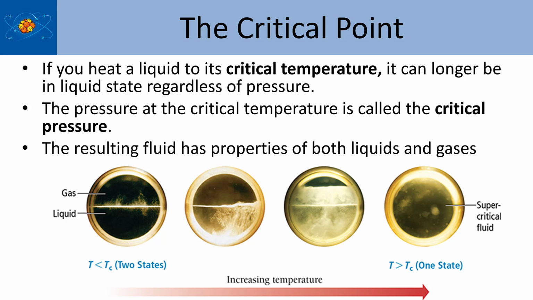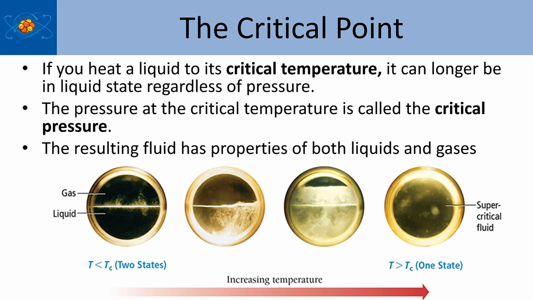And what we're doing is we're increasing the temperature. So you actually see a little bit of boiling going on here. And then as you reach the critical temperature, you have this weird boundary. No longer do you have a clear definition between the liquid and the gas. The boundary becomes cloudy, and then eventually it becomes one phase.